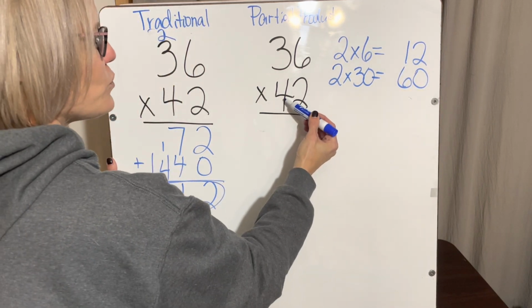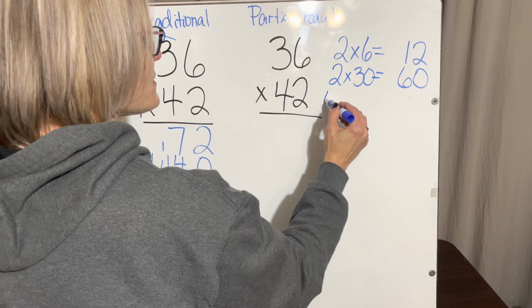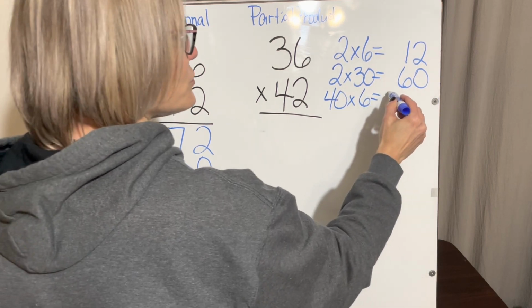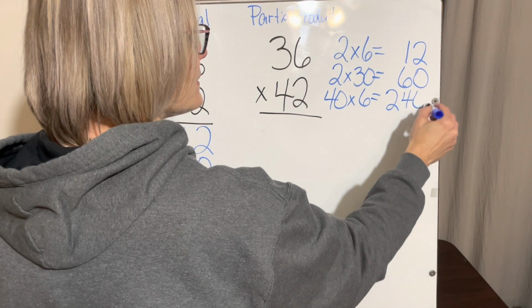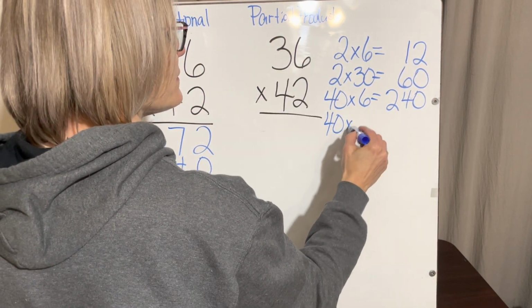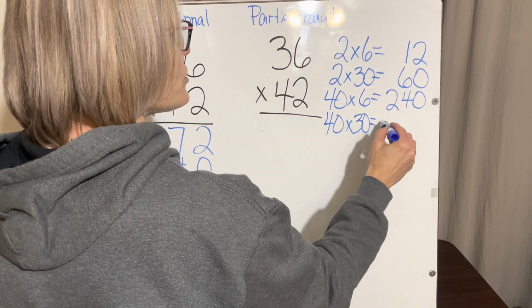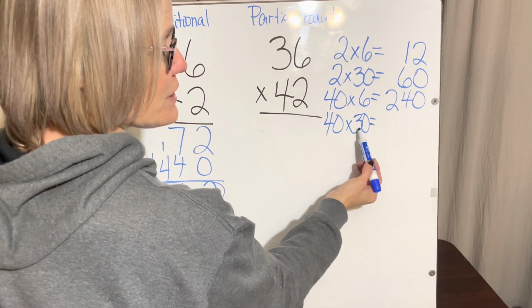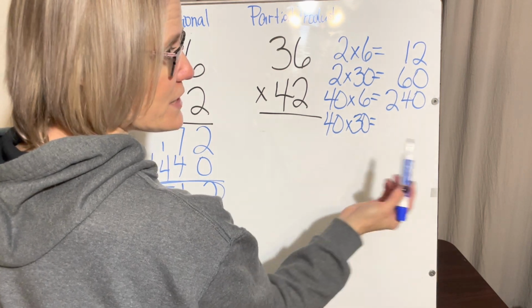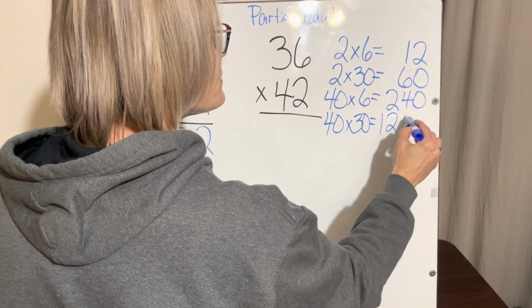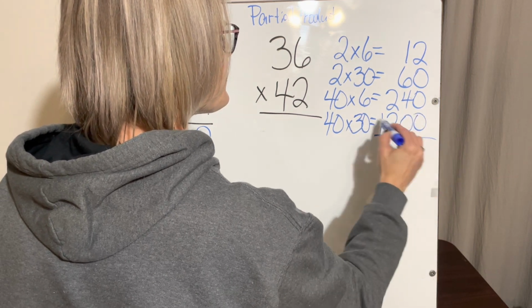Then I've got 40 times 6, which I know is 240. And then I've got 40 times 30, which I know equals, now see, don't let that freak you out. 4 times 3, touch the zeros, add the zeros. So 4 times 3 I know is 12, and then I have 1, 2 zeros, 1, 2.